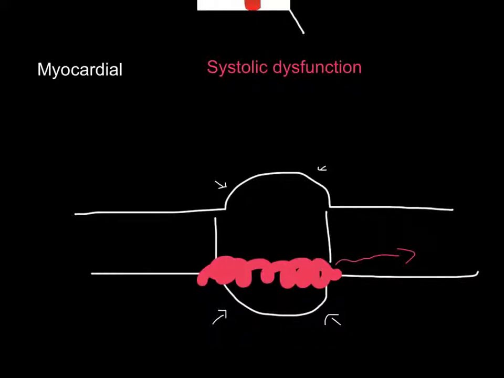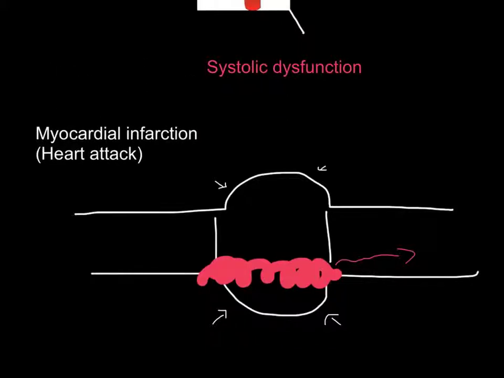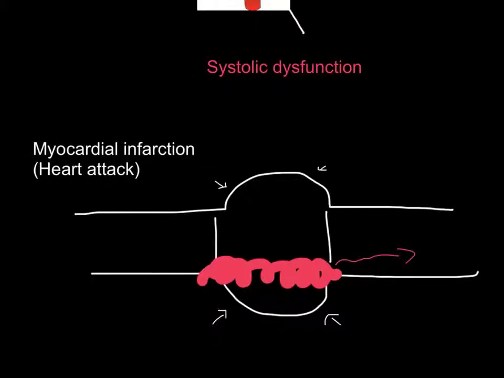A few possible causes for a weak heart are myocardial infarction, which is a fancy way of saying a heart attack. So it's when the heart doesn't get enough blood itself, and therefore it can't function properly and it gets damaged. So myocardial infarction is one of the major ways.